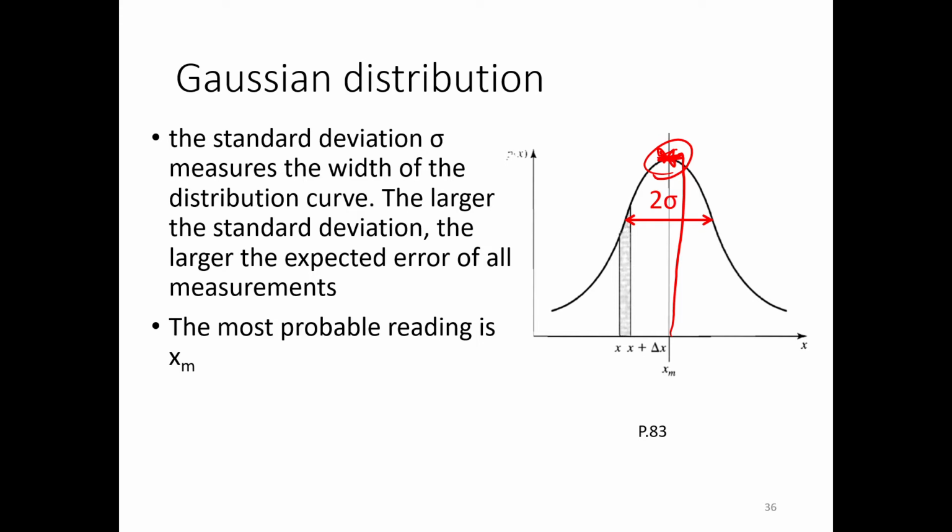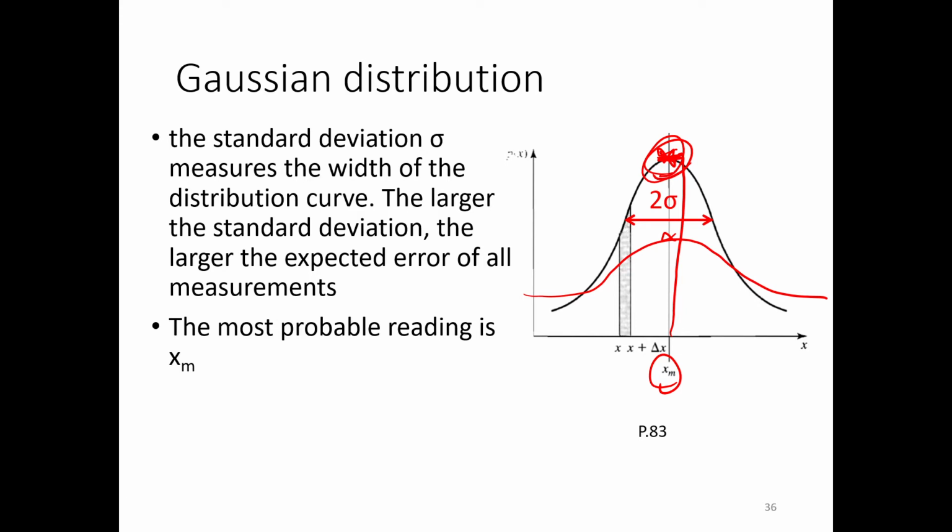We want to maximize it to get a lower error. If you have this type of distribution, essentially it will look something like this. Okay, the probability of x of m happening is gonna be smaller than this.